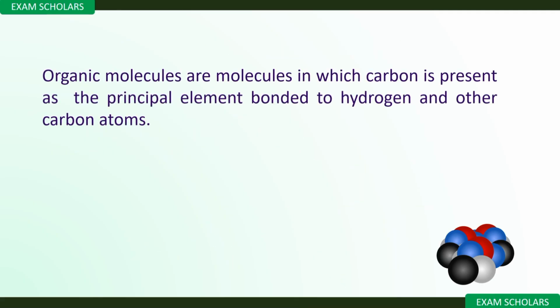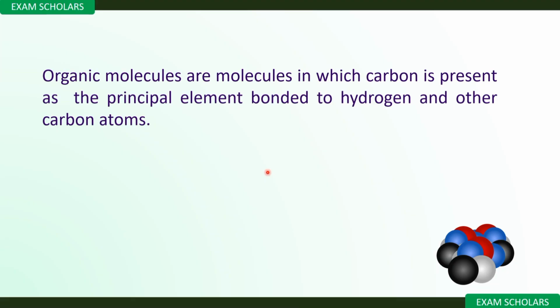Now, to define organic compounds or organic molecules simply means they are compounds or molecules in which carbon is present as the principal element, bonded to hydrogen and other carbon atoms. Let me explain this. In inorganic chemistry, inorganic compounds have a composition of different elements combined together chemically, and each of these elements dictates the behavior of that compound.